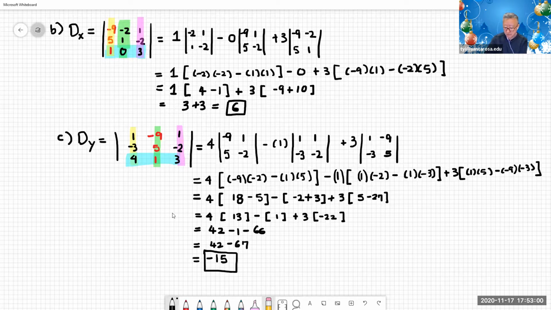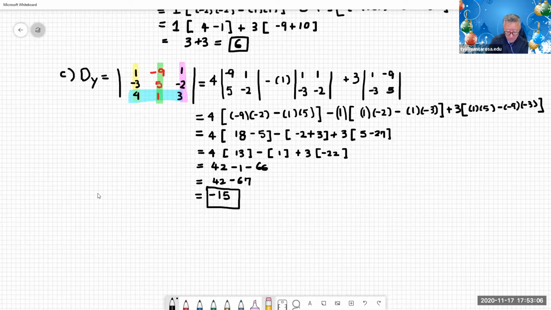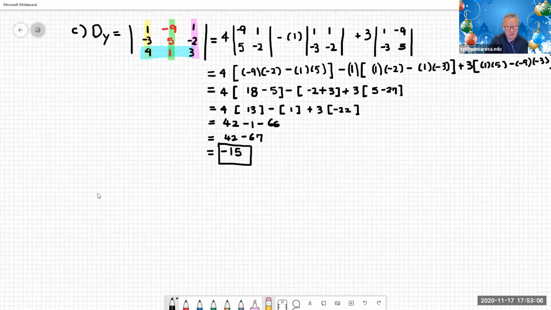All right, so we found the determinant for y, so that's good. Even though we had to do all three calculations, it came out pretty good. Now let's look at the D, the determinant for z. So the z column is going to get replaced. You got 1, minus 3, and 4.